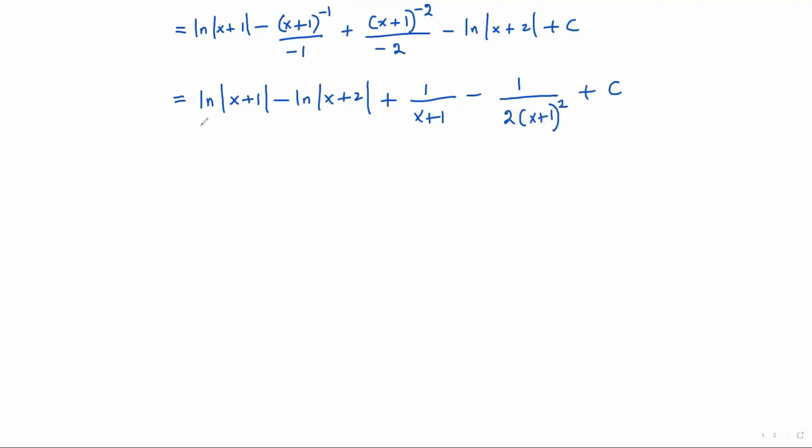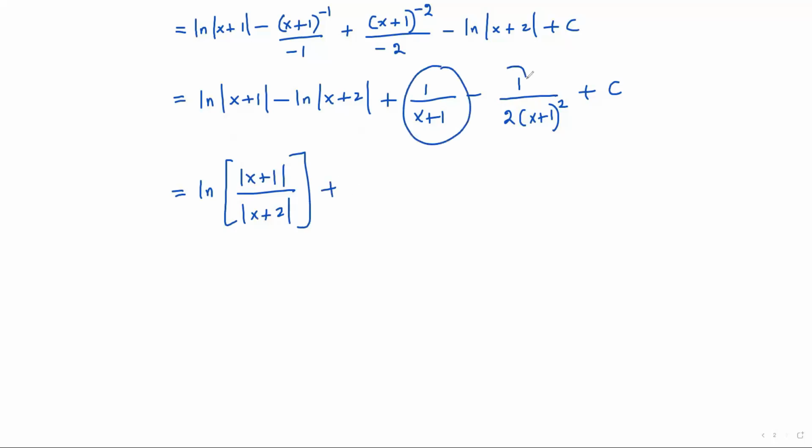Here we can use the quotient rule of logarithms. Because the two logarithms are in subtraction, we can write the logarithm once and divide the arguments. So I'll be getting the absolute value of x + 1 over the absolute value of x + 2, plus. Here, to simplify these two fractions, I need to get the same denominator. So here I have 2 times (x + 1) squared.